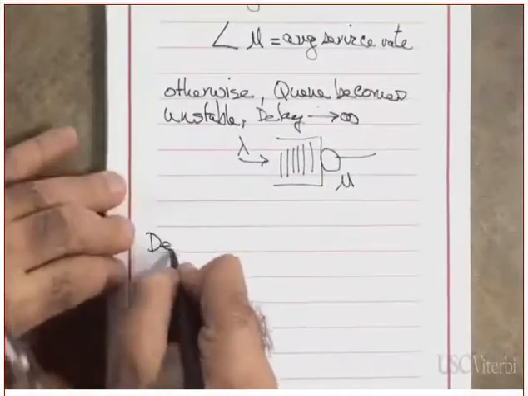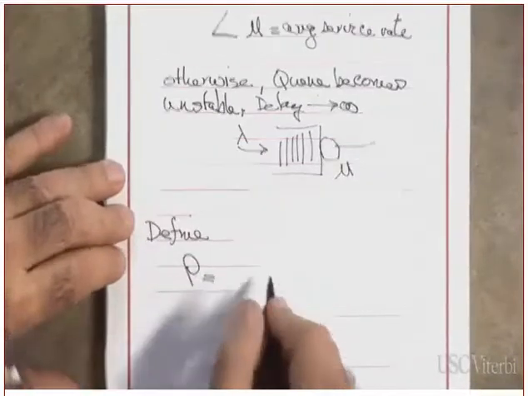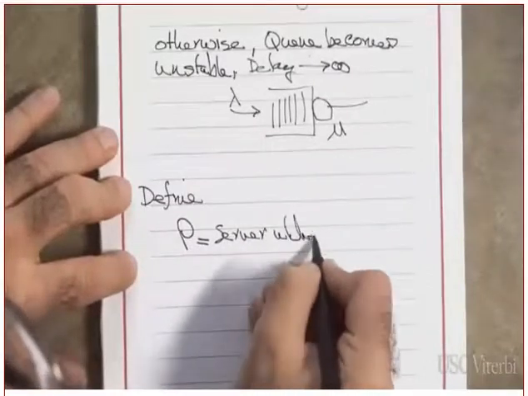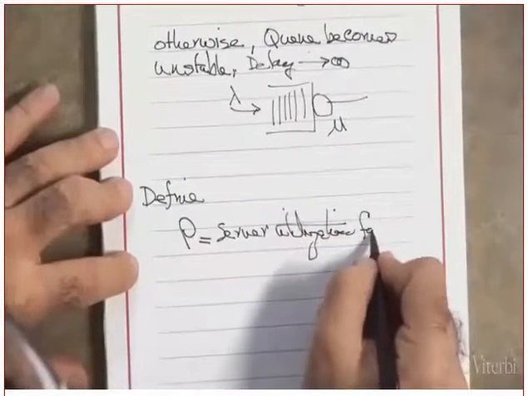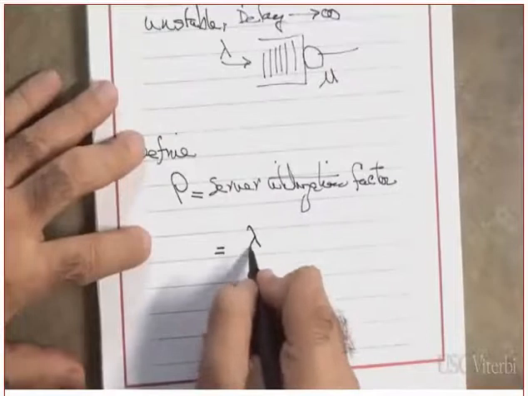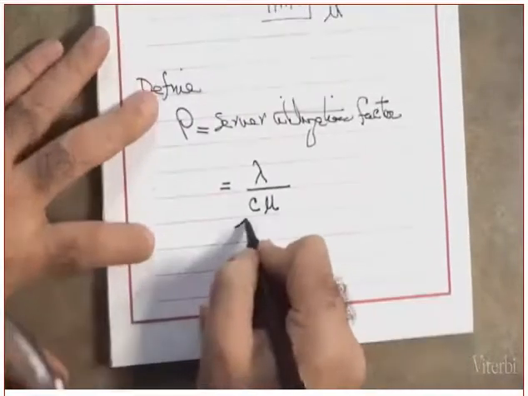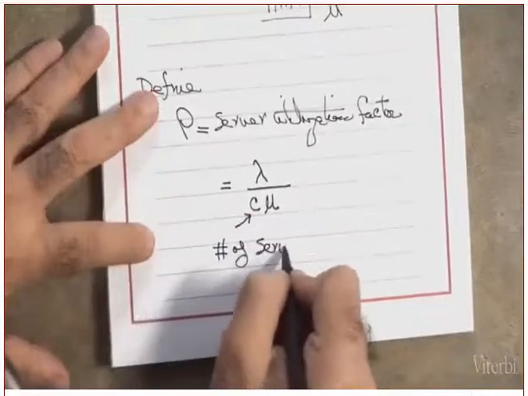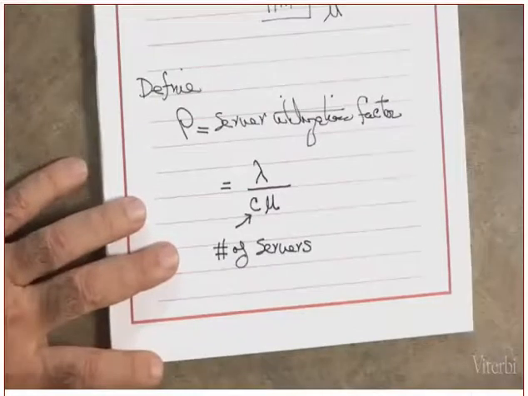Okay. Define rho, which is called the server utilization factor, as lambda over C mu, where C is the number of servers.